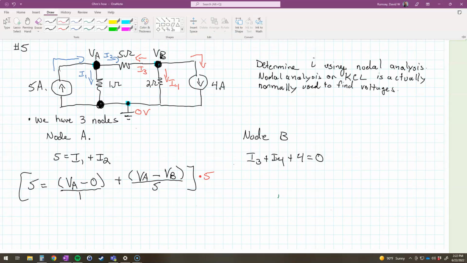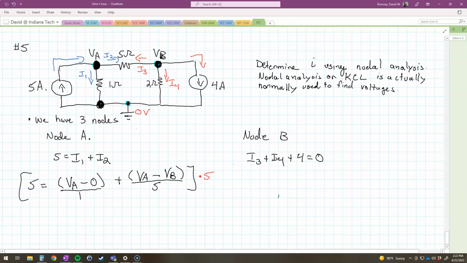Now if I do that, what happens here? Well, I have to multiply everything by that. So I'd have 5 times 5 on the left-hand side, 5 times VA minus 0, because if I divide by 1, I don't get anything.